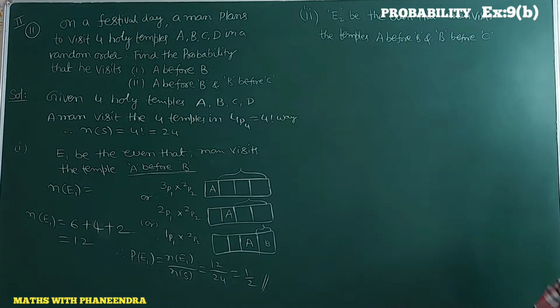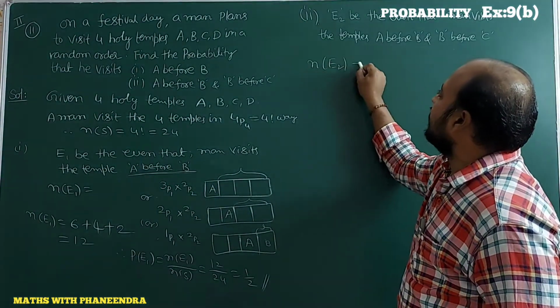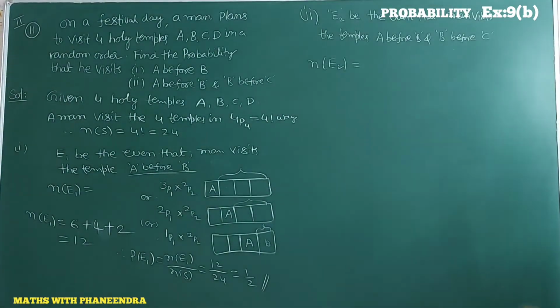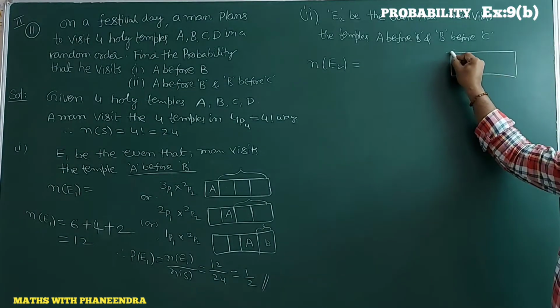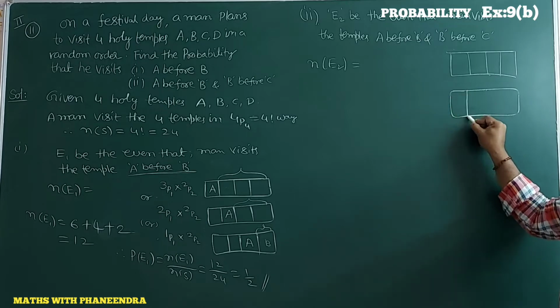So here also we may have cases. n of E2, what possibilities are we getting? Observe carefully. So like previously, we draw a rough figure now. So 4 boxes you can draw.